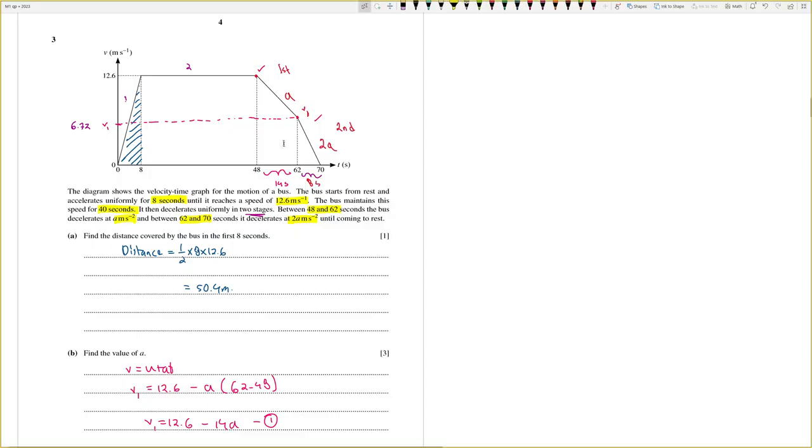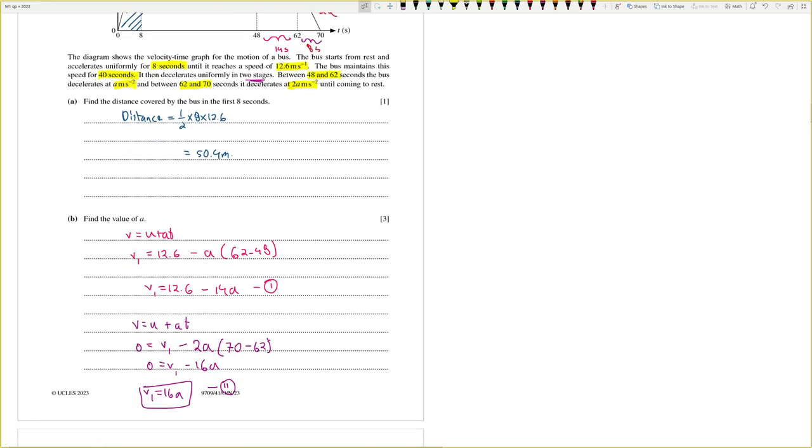So what can we write? 0 is equal to v1 minus 2a times t. t is 70 minus 62, which is 8 seconds. So 0 is equal to v1 minus 2a times 8, which is 0 equals v1 minus 16a.